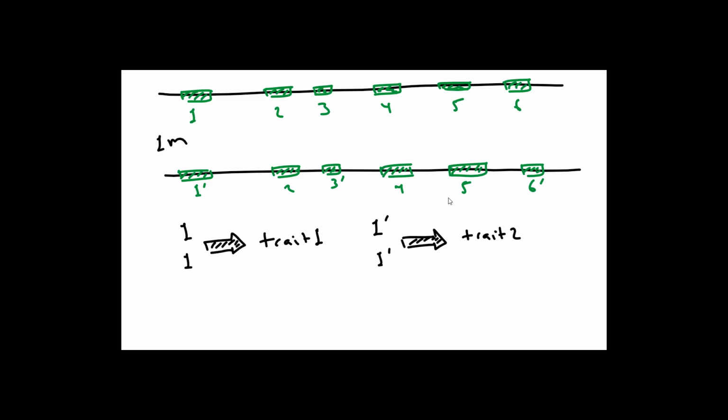So these different alleles mean that the genotype for this individual, for chromosome 1, would be 1 and 1 prime. And you see that because the genes are sometimes named.